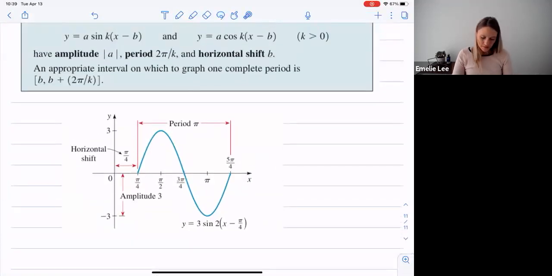So here's an example. The amplitude is going to be the distance from the x-axis up to the highest point. It looks like 3 in this case, or the lowest point, but the absolute value. So that distance is 3. Here, notice that we've gone a full cycle.